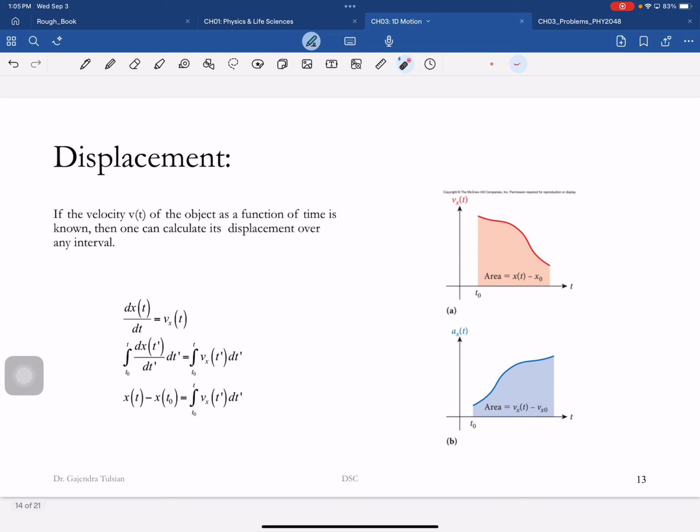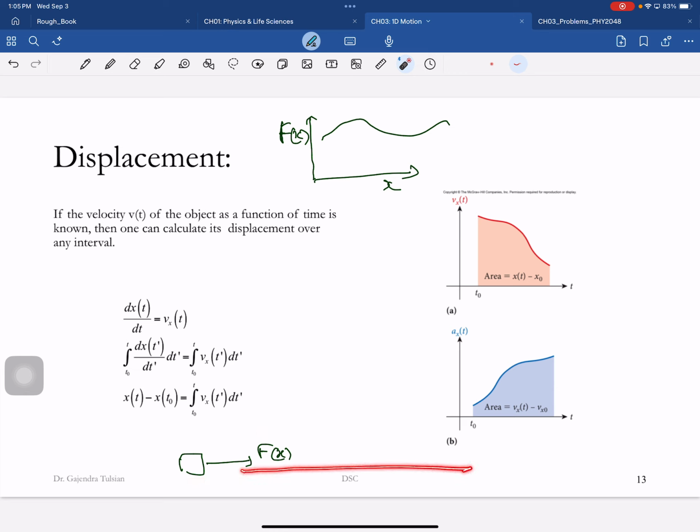You will see in a later chapter, if you draw force as a function of position, what does this mean? Let's say I'm pushing an object, and the force that I'm applying on the object depends on the position of the object.